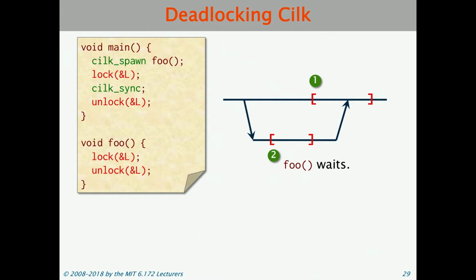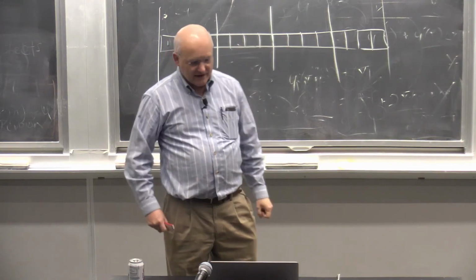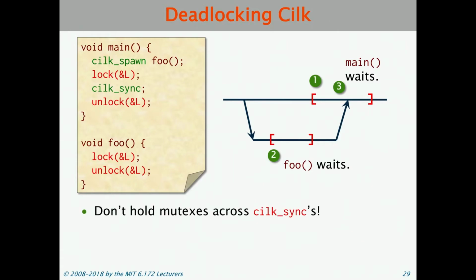And now we get to the point where main has to wait for the sync, and the child is never going to complete because main holds the resource that the child needs to complete. So don't hold mutexes across Silk syncs. That's the lesson there. There are actually places where you can, but if you don't hold them across that, then you won't run into this particular problem.